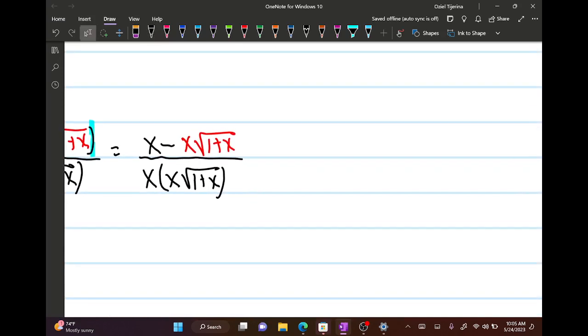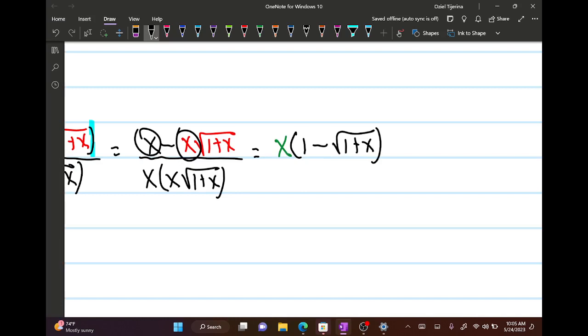Then we can factor this out. Obviously we can factor x out of here. So this is going to equal x times 1 minus the square root of 1 plus x. So that would be for that.